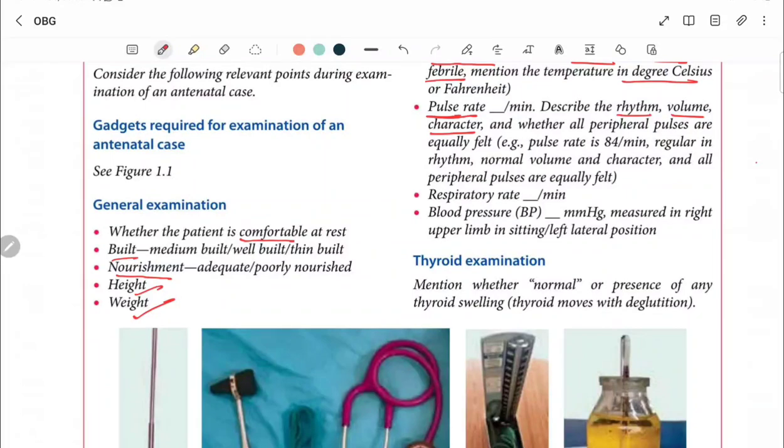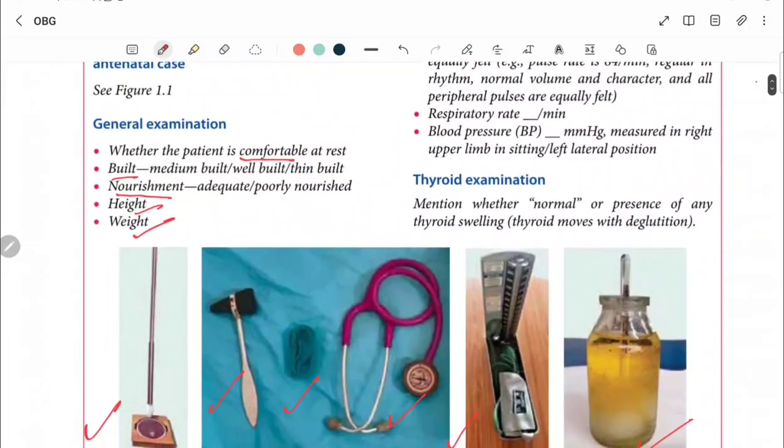Example, pulse rate is say 84 per minute, regular in rhythm, normal volume and character, and all peripheral pulses are equally felt. Coming to the respiratory rate and blood pressure, you need to say that the blood pressure is dash mmHg, measured in right upper limb in sitting or left lateral position.